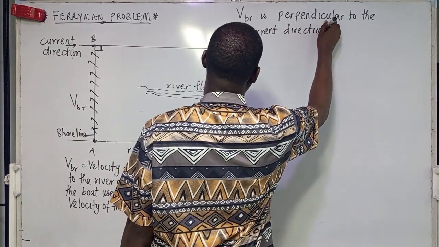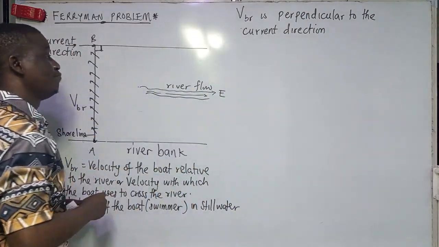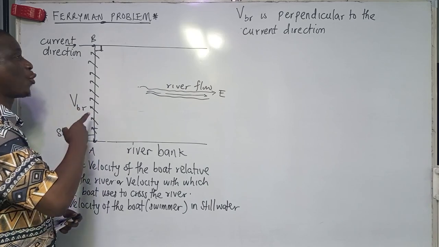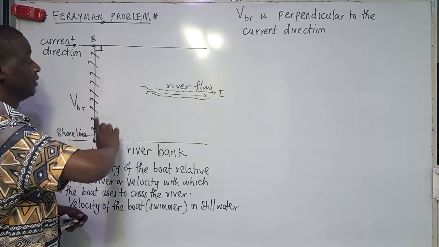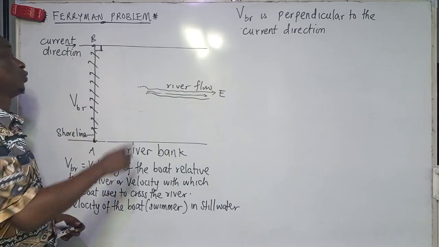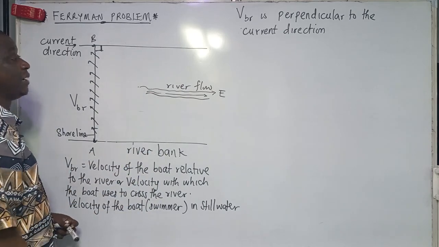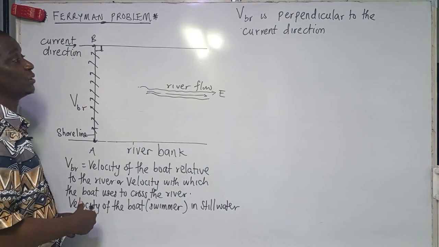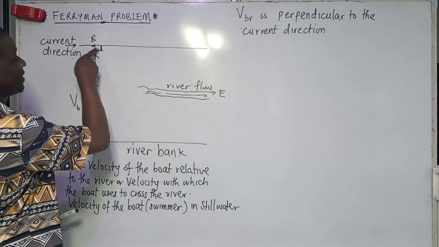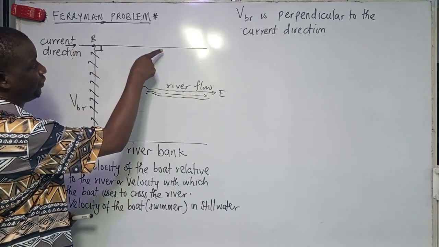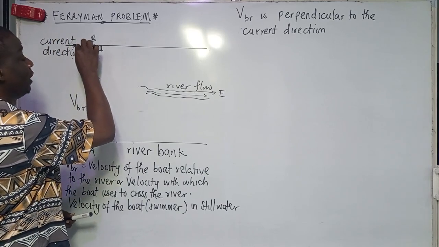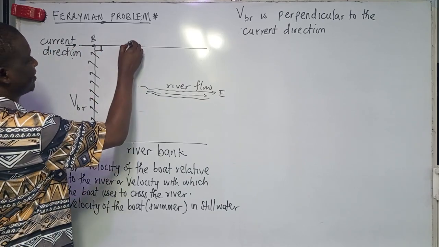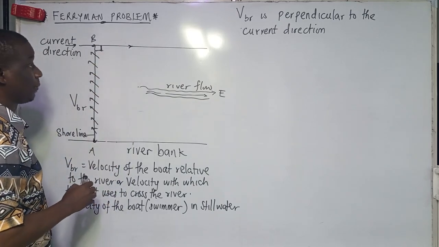Don't forget that while the current of the river is flowing, the boat is crossing the river. So while the current of the river is flowing, there must be a current velocity of the river. We can call it the river velocity, because the current direction of the river and the velocity of the river are the same, and that is its direction. We are coming there. We are going to talk about that.